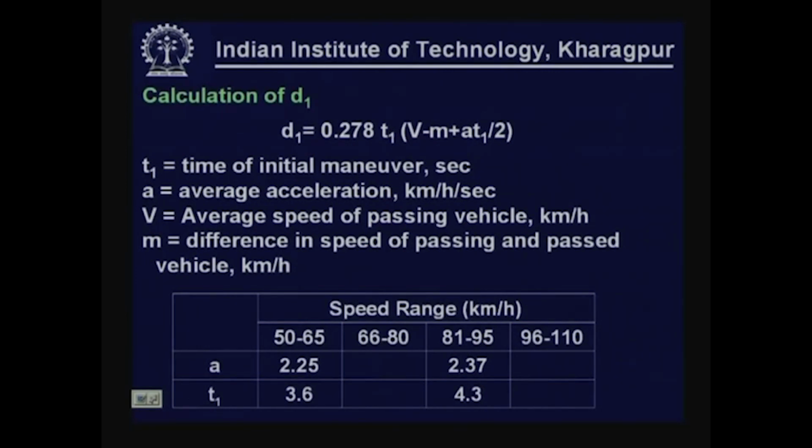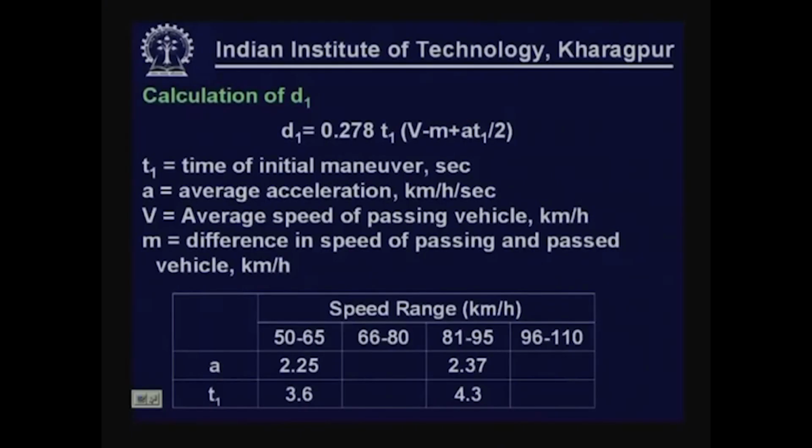Field observations are made for the first three classes to find out the average acceleration and average time required for the initial maneuver for each of the first three speed classes.